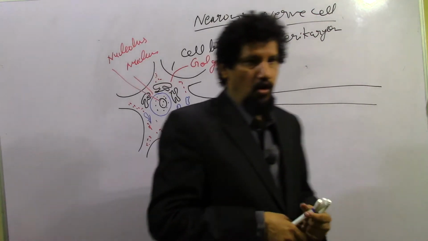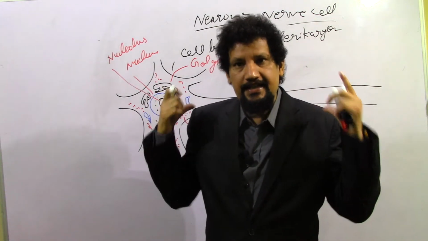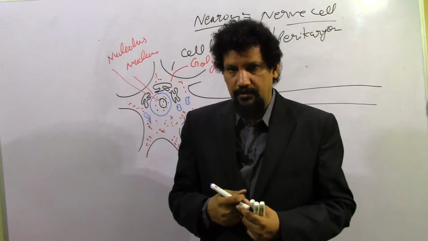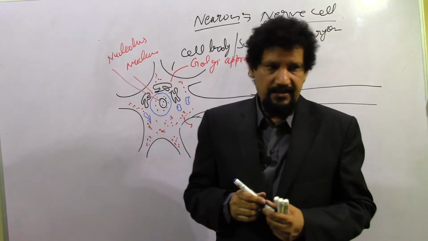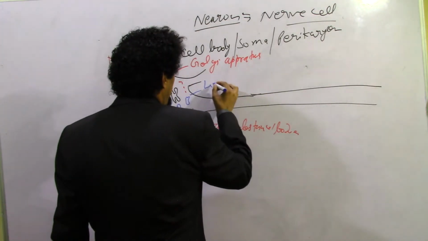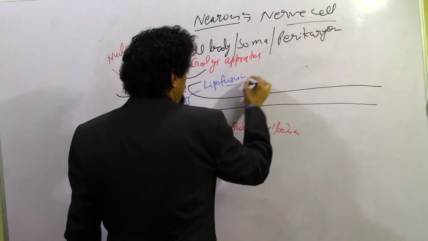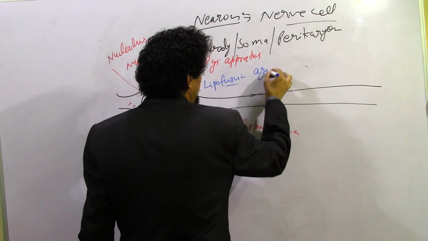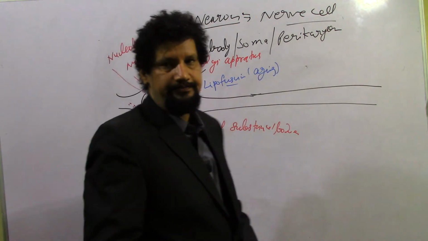So in old age, when the neurons are degenerating, these lysosomes form the lipofuscin pigments. Lipofuscin is also known as aging pigment, or wear and tear pigment.